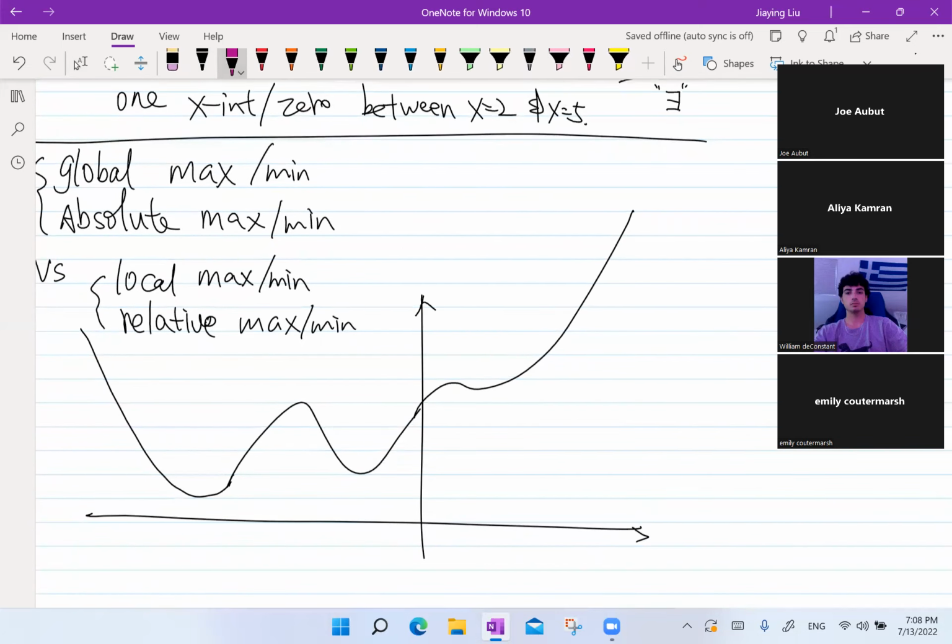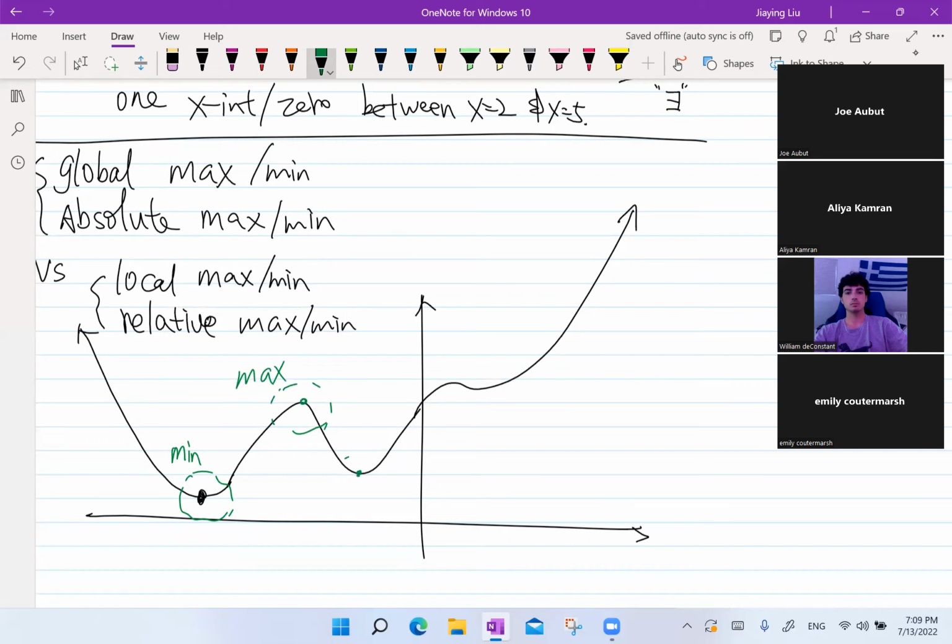If we look at this graph, it's going to continue in both directions. This point is the minimum, at least in this region. And this point next to it, oh sorry, that's a maximum, at least for that region.